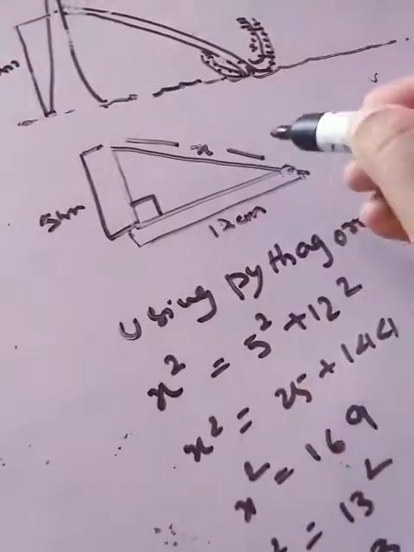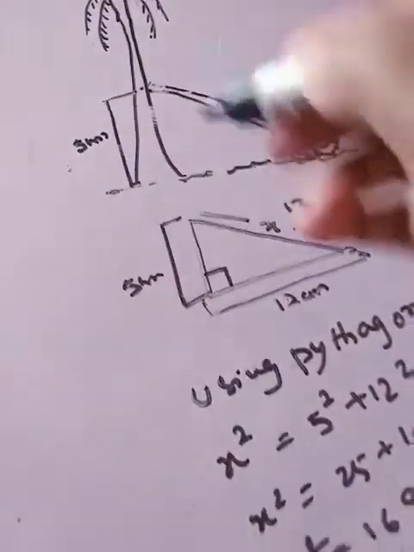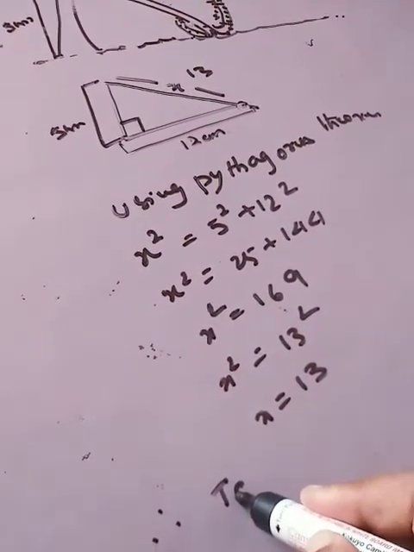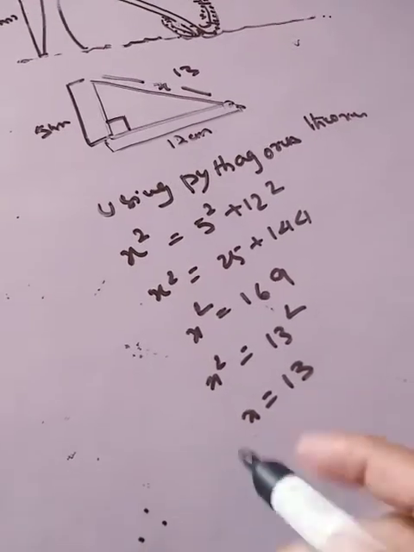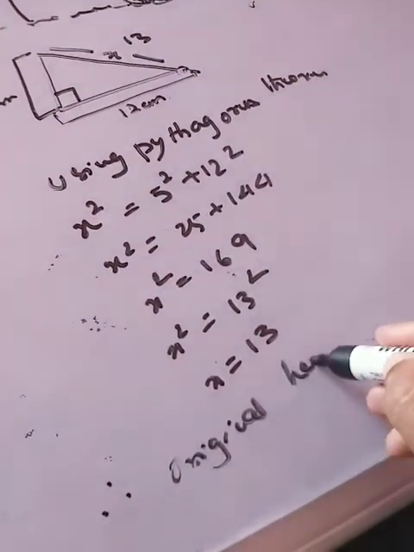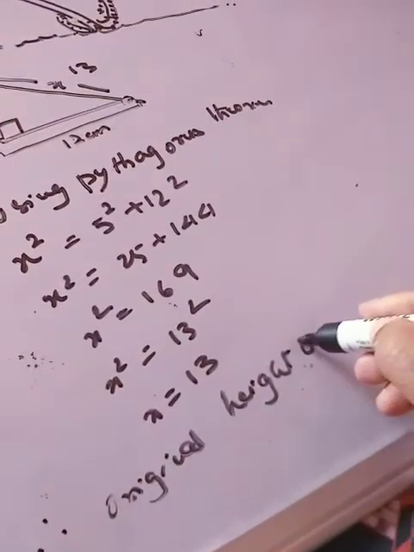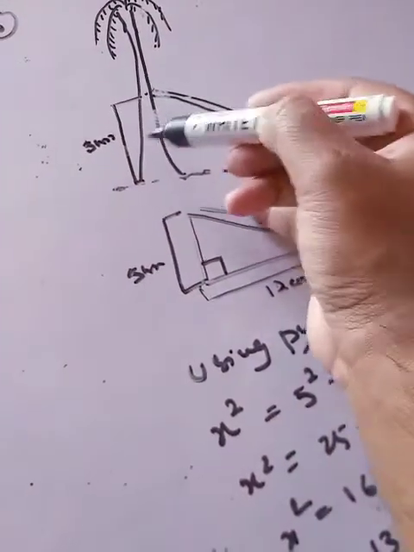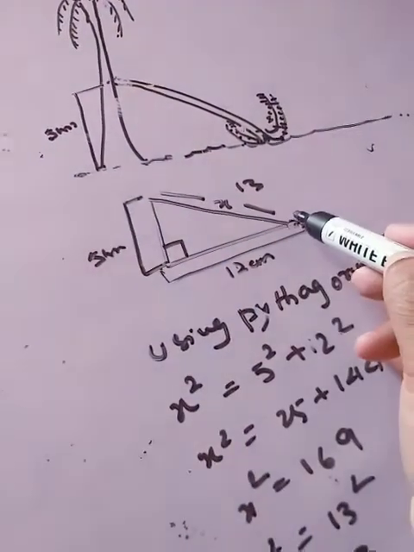Now if x is 13, what is the total height then? Therefore the original height of the tree is equal to this 5 meter and this 13 meter also. Understood?